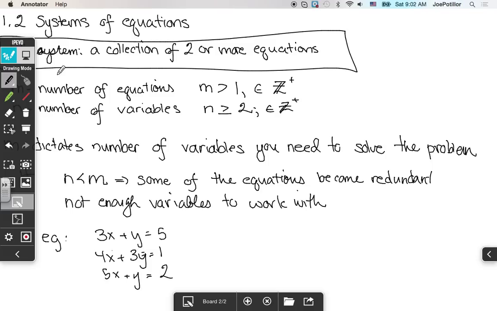In this situation, you probably combine equation 1 with equation 3, and you could simply solve it that way. We'll talk about how to solve these in a little bit here.